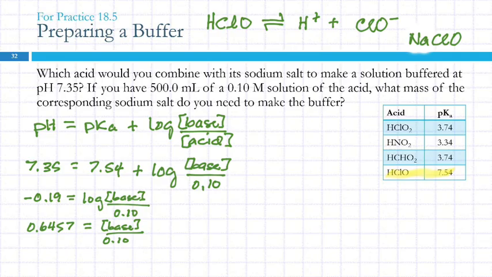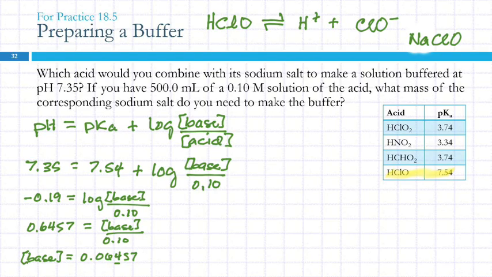And so I multiply this by 0.1, and my base concentration should be 0.06457. Anybody else come up with that value? Okay, good. Okay, so that's great. This is the molarity we need.